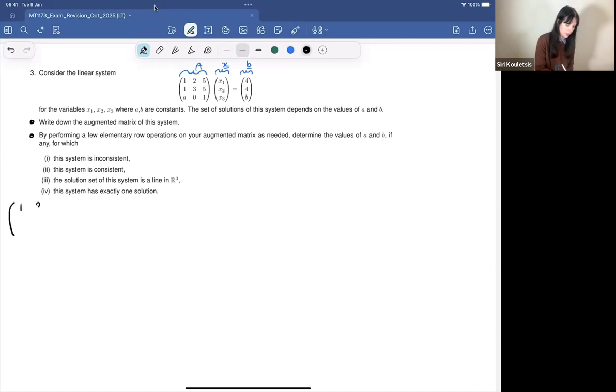So we write down the augmented matrix as instructed. We aim for reduced row echelon form, but we need to know when to stop here, and we'll see that soon. So have a head start on that.